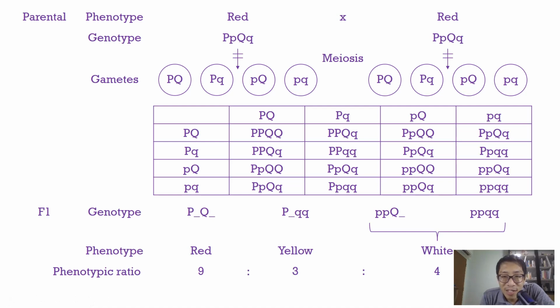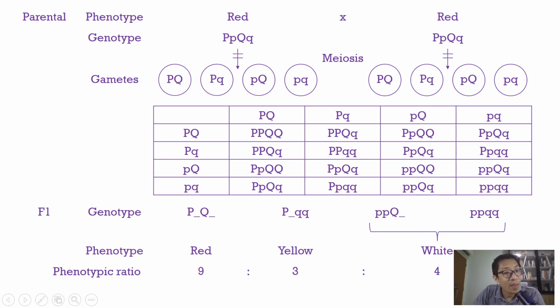This is the diagram that I've drawn. You can see that it is a 9:3:4 phenotypic ratio, because of the recessive epistasis by the small p genotype on gene Q.